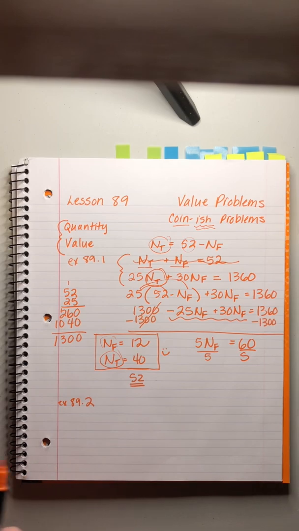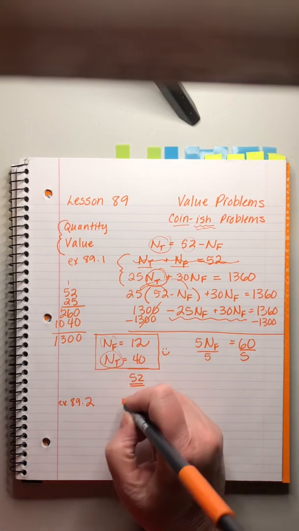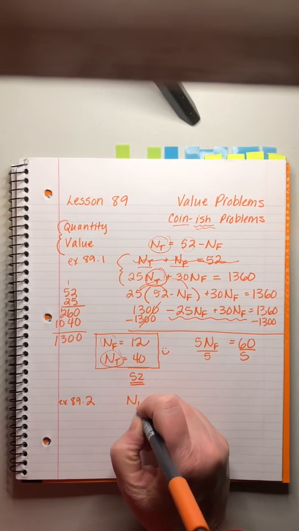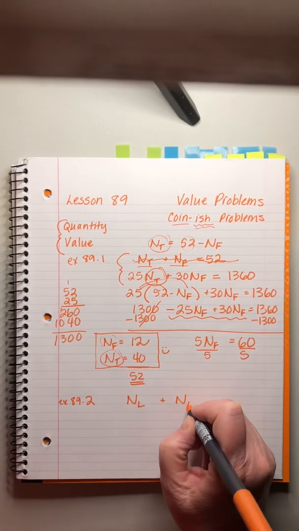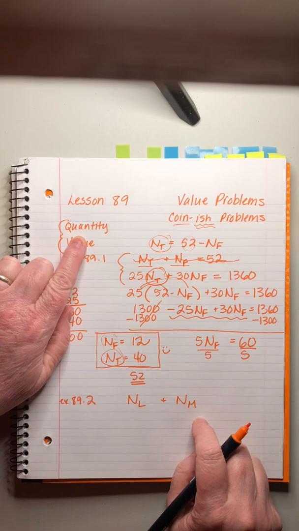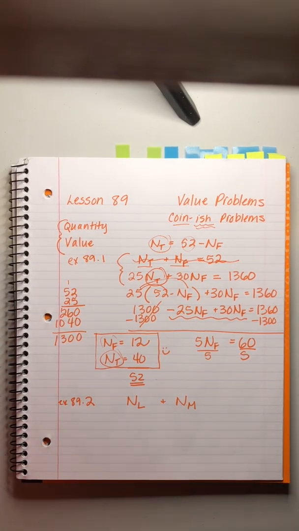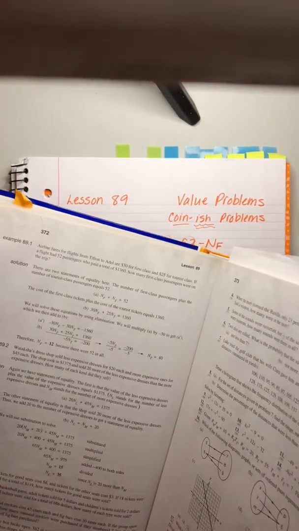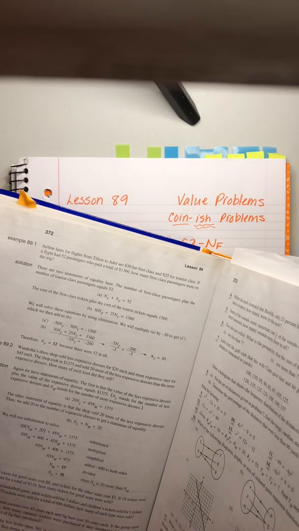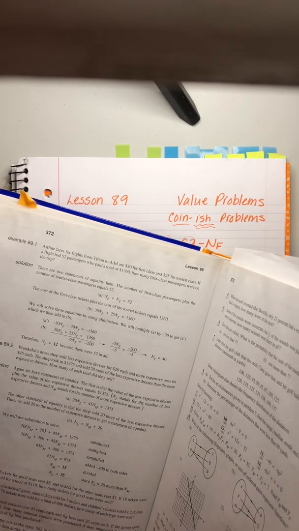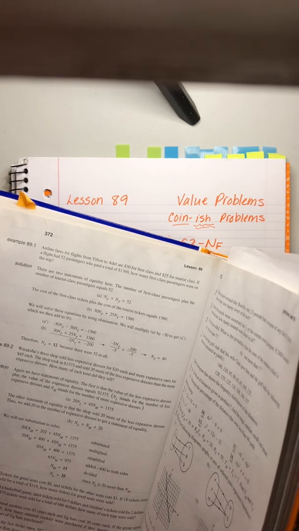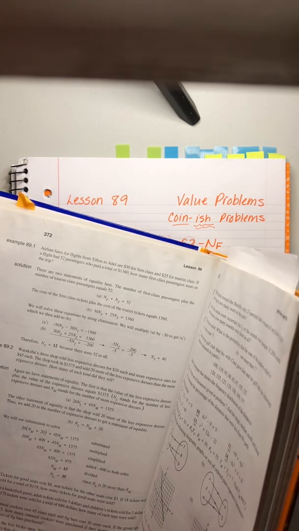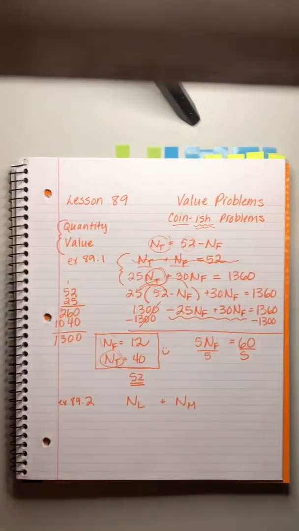All right, so we have the number of less expensive dresses plus the number of more expensive dresses. I'm writing a quantity statement here. It doesn't tell us how many they sold in all, but it tells me that they sold more of the less expensive dresses.